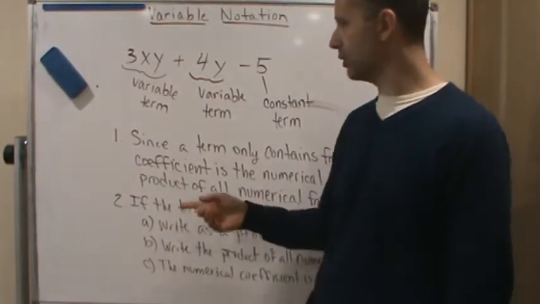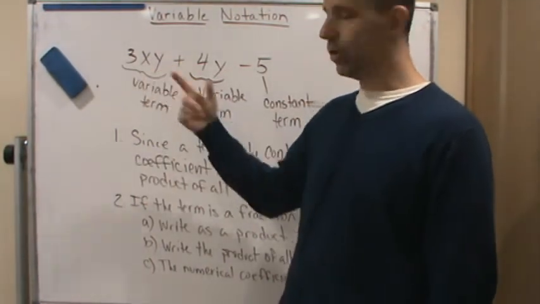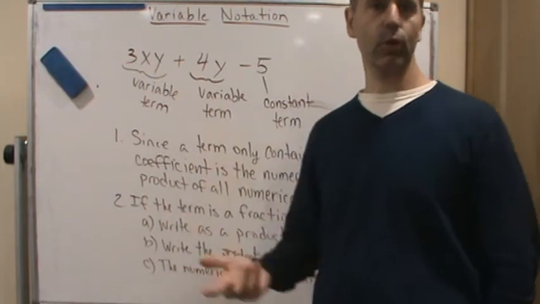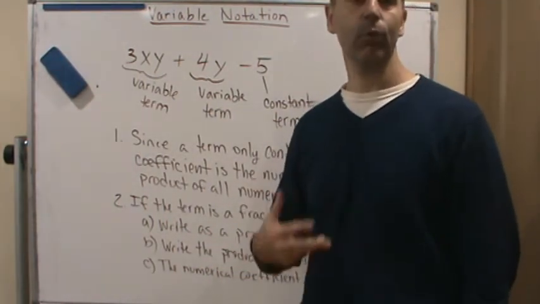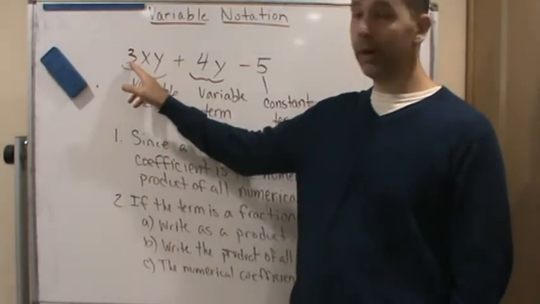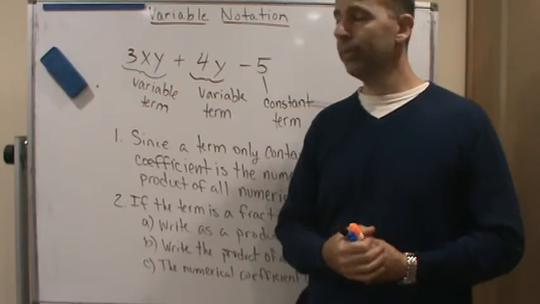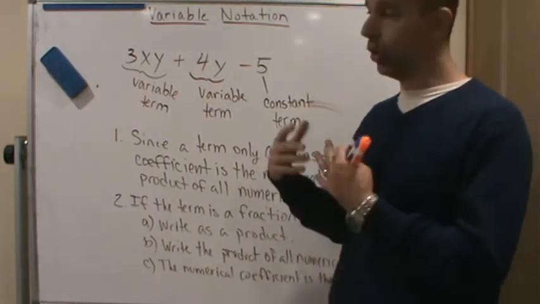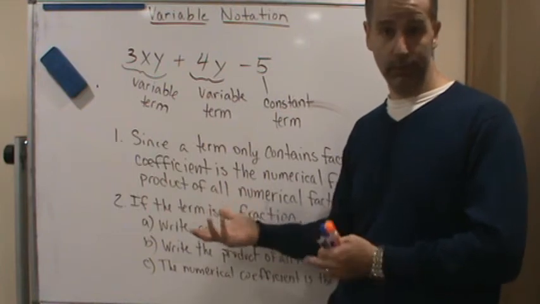So we usually don't refer to the y or the x and the y as coefficients. When we use the word coefficient, it's taken to mean that we're referring to the numerical coefficient. That's the way I'm going to use it from now on. So when I mention the coefficient, or ask what's the coefficient of the term, I mean the numerical part.